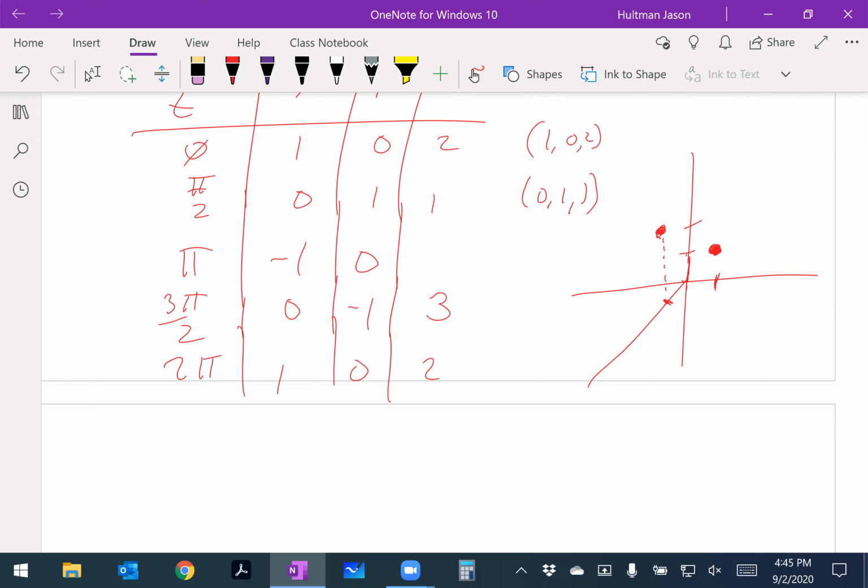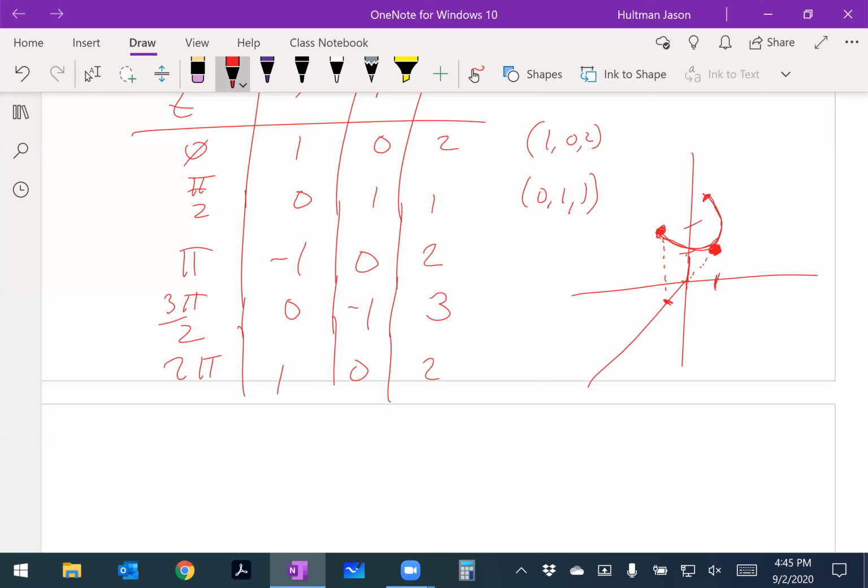Oh yeah, it's negative 2. Thank you. Yes, it's negative 1, 0, 2. So that's negative 1 in the x direction, 0 in the y direction, then up 2. Oh, okay. It's kind of the mirror image here. So it's looking like we're doing this. That's kind of cool.